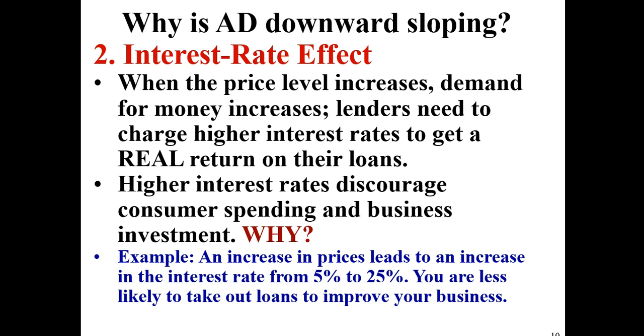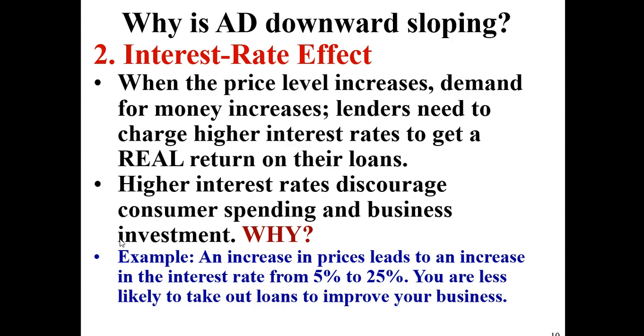And business investment has an inverse relationship to the interest rate, directly related to the real interest rate. If it costs businesses more to make these investments because they're paying higher interest rates, they're going to make less of them. So the C and the I of that total equation are going to be diminished by these higher interest rates.